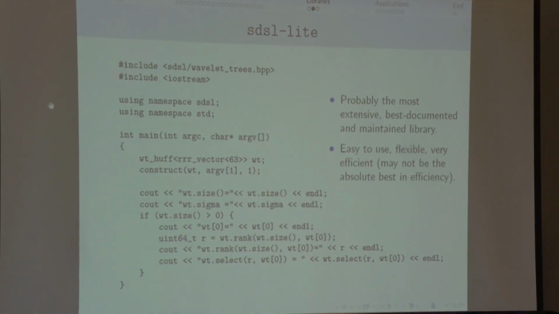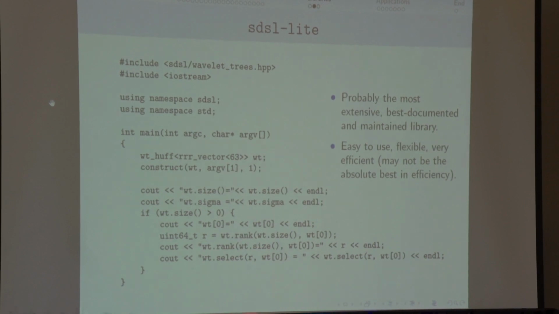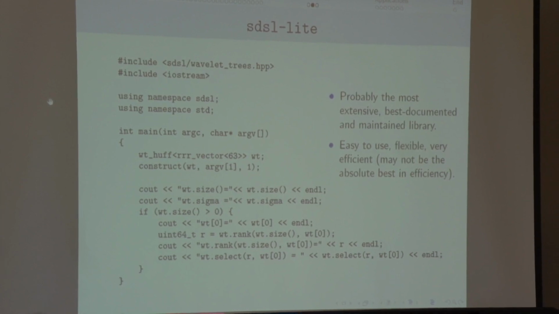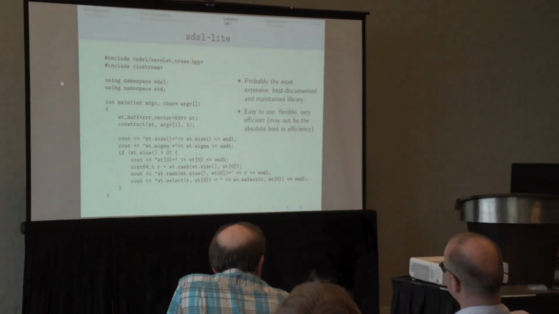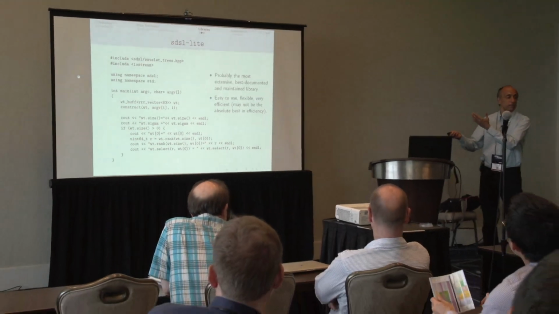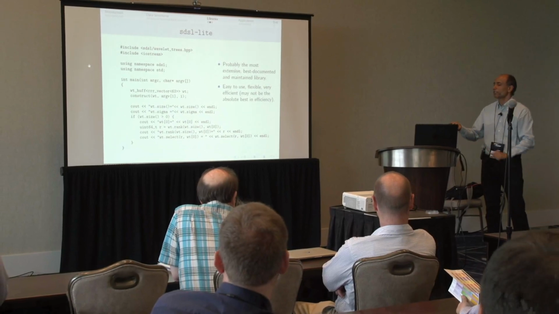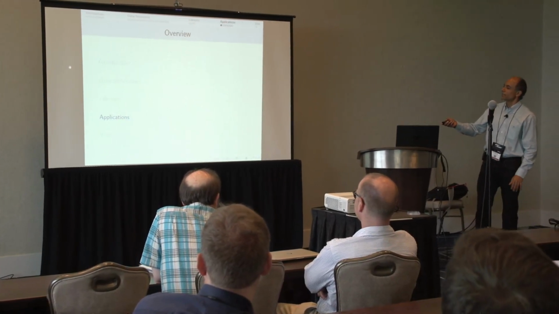Some of these applications are things that now with SDSL Lite, you can get one of your undergraduate or master's students to do in a couple of months. It's very straightforward. So libraries are nice. Not dynamic. There's no dynamic over here. So dynamic just means do the whole data structure from scratch. Okay, it's nice. It does all sorts of stuff.